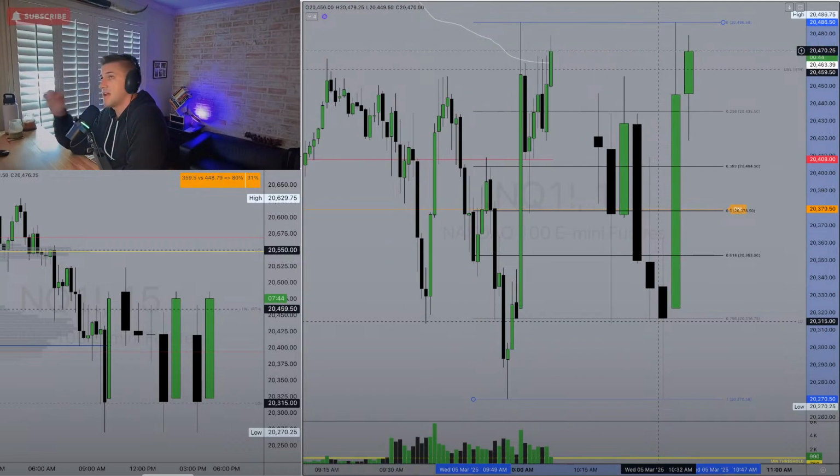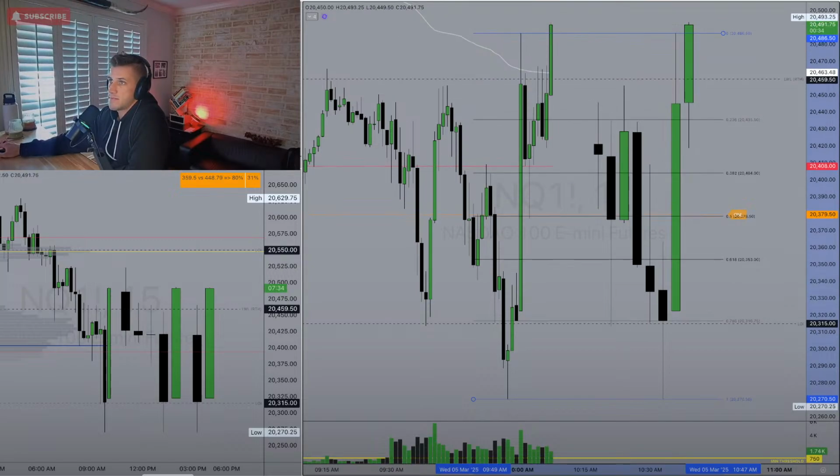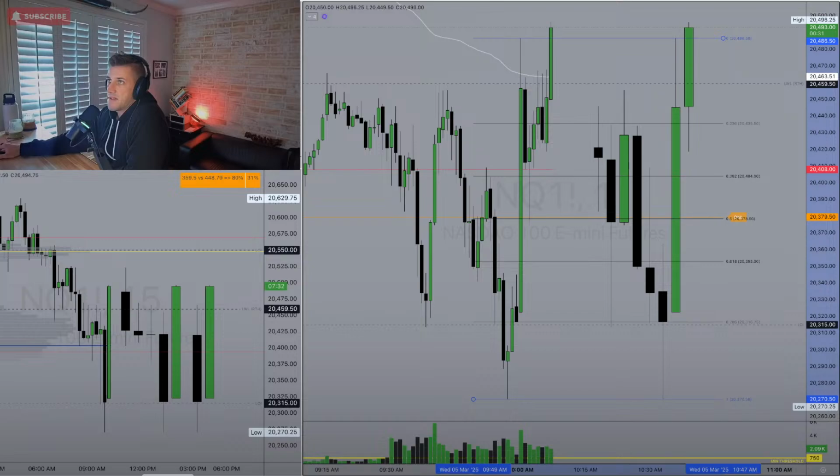NQ trying to resolve higher, coming into those session highs. There's your new high of day for NASDAQ.